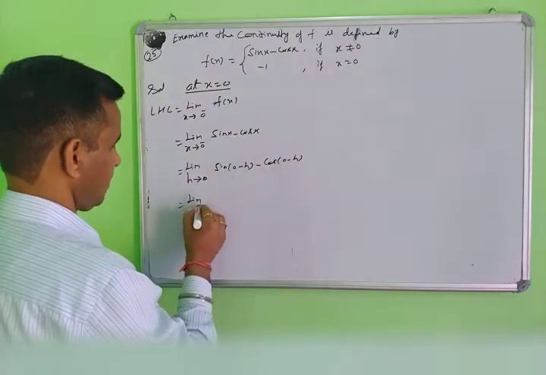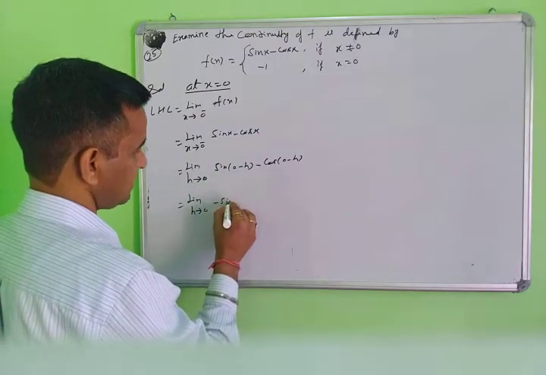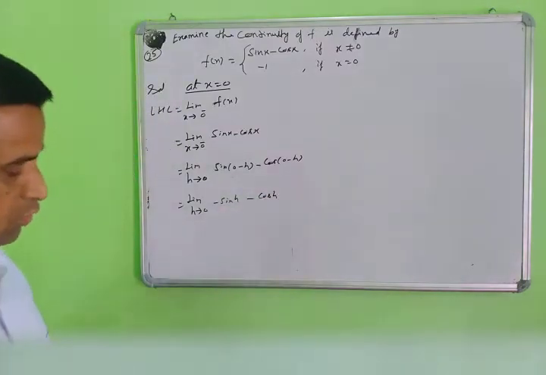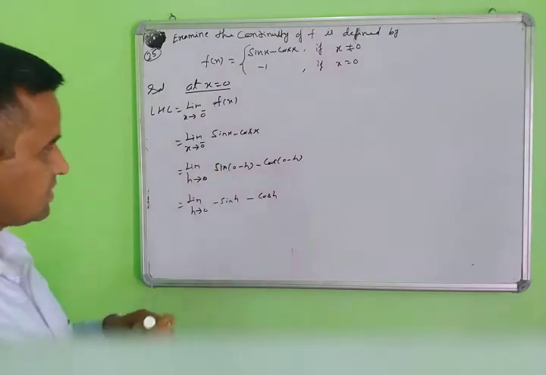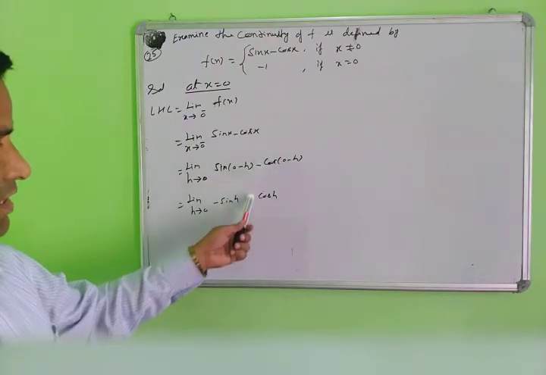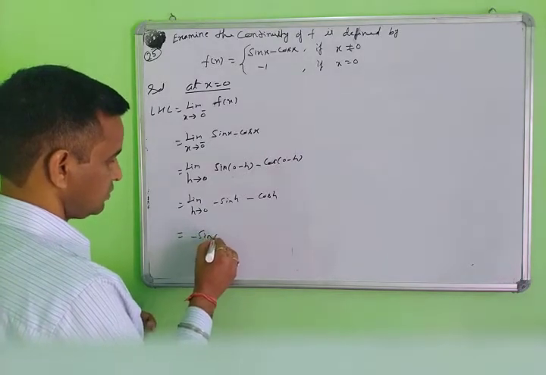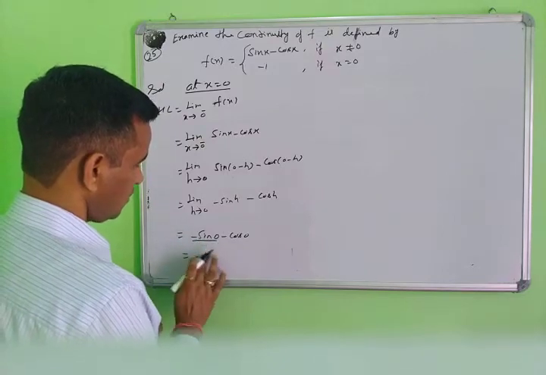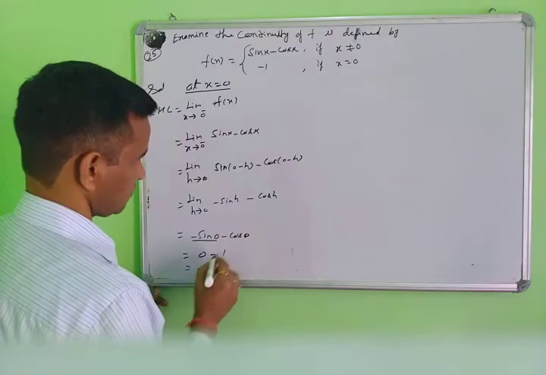According to trigonometry, sin of minus theta is minus sin theta, and cos of minus theta is cos theta. Using the limit, this will be minus sin 0 minus cos 0. Sin 0 is 0, and minus cos 0 is minus 1. So this answer is equal to minus 1.